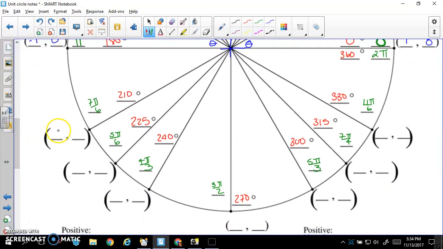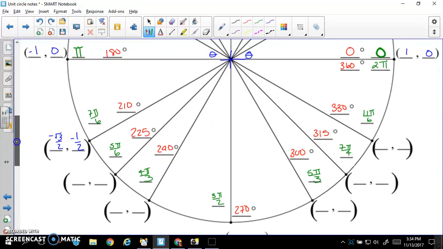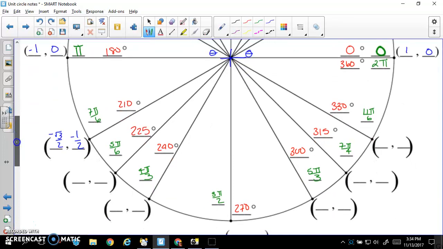So down here, this one is going to be negative square root 3 over 2 and negative 1/2. So see, it's the exact same numbers as up here. For this one right here, it's just both of them are negative now because I'm going left on the x and down on the y. Here, this is negative square root 2 over 2 and negative square root 2 over 2.